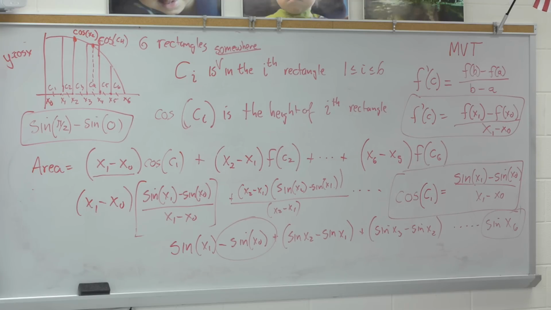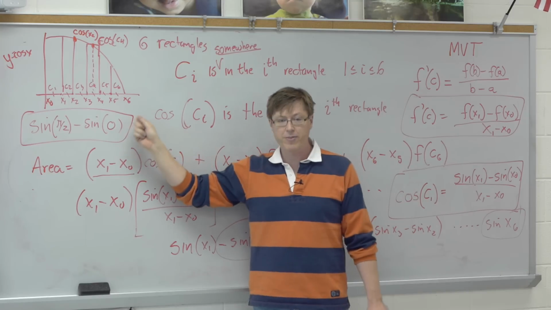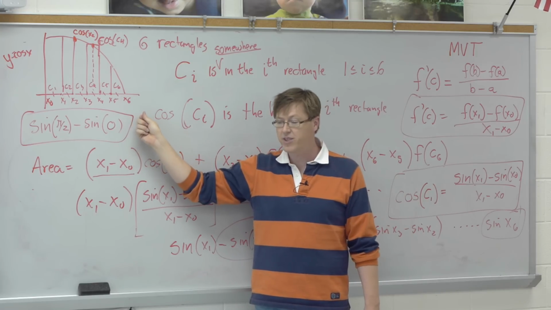But I'm not quite done. There's one other detail I have to take care of. But before I do that, let's take a minute to take this all in. So I had a sum. I used MVT, not on the original function, on its antiderivative. And when I plugged in the MVT for the antiderivative, everything cancels out except the antiderivative of the first and last points.